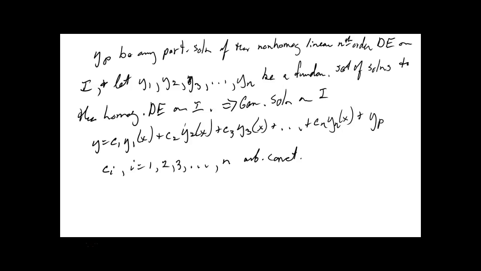Now, Theorem 4.1.6. That's the one on the board right now. We see that the general solution of a non-homogeneous linear differential equation consists of the sum of two functions. One is the general solution for the homogeneous case, and the other is the particular.